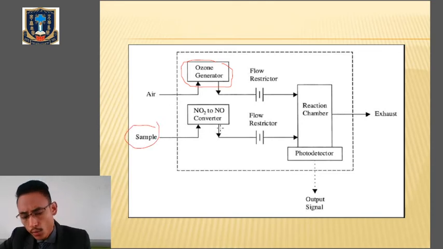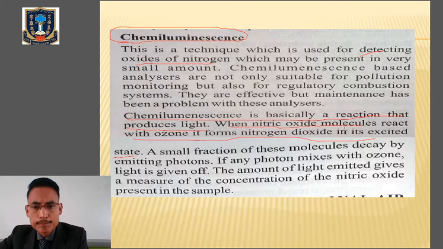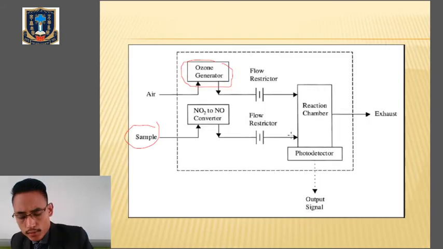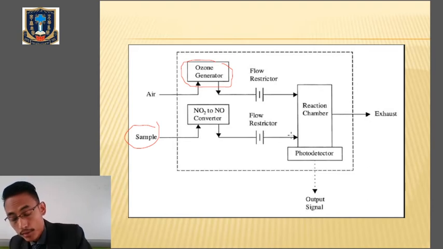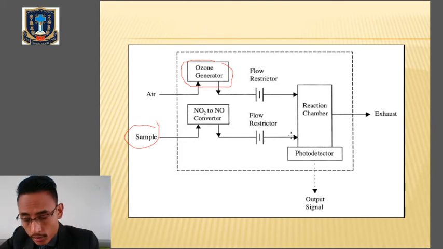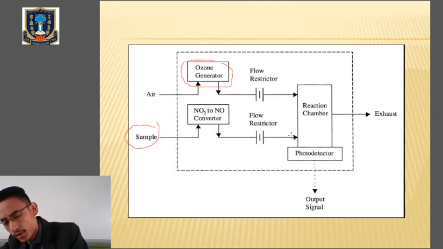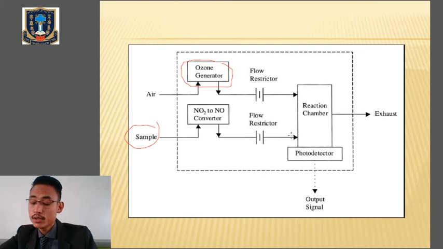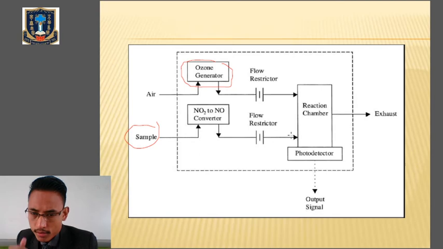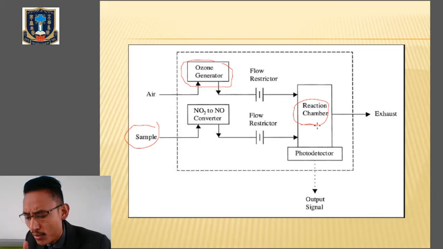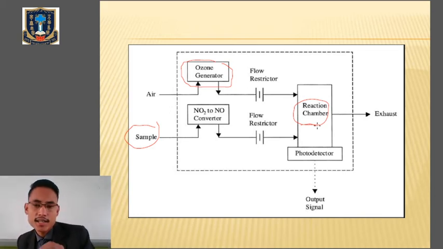We have learned that whenever nitric oxide molecules react with the ozone, nitrogen dioxide is produced. The oxide of nitrogen produced after the reaction with the ozone starts decaying, and once it starts decaying in the reaction chamber, it starts emitting light.